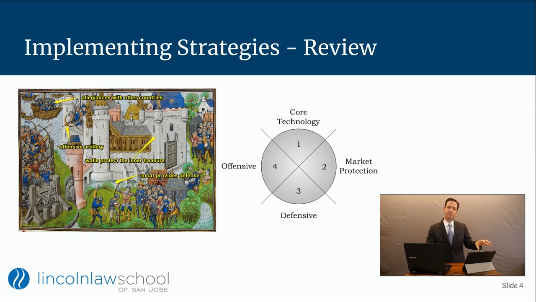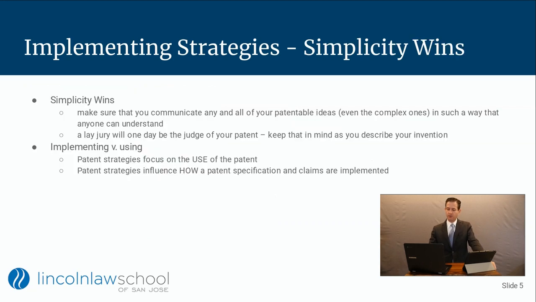So when we talk about implementing strategies now, there are just a few things I want you to keep in mind as far as building this patent application that allows us to look for value. The first key determination when you are looking at building value here is whether or not the patent application was drafted in a way that is simple and easy to understand.